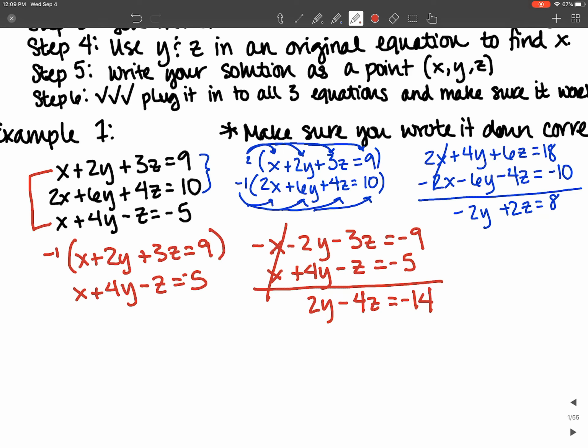If you're doing well with elimination, besides the fact that it's a lot of writing and a lot of work, the idea of elimination is still the same. We're still just getting rid of one variable. That finishes step 2.